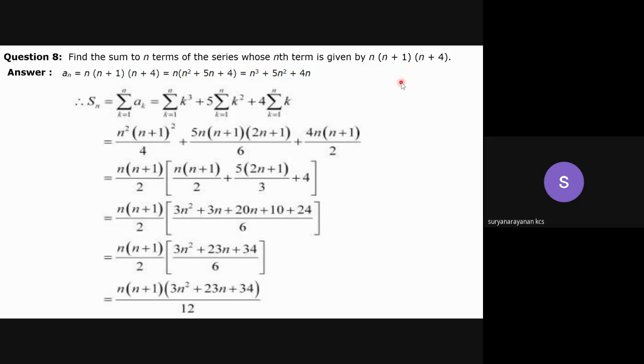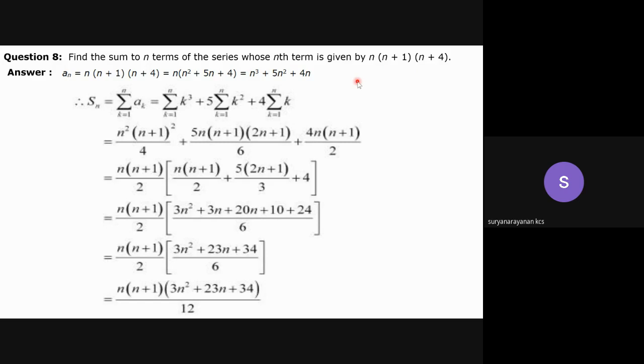In the previous questions, from question number 1 to 7, we have found the nth term of the given series. But here, they have already given the nth term of the given series. Simply, we have to find the sum to n terms of this given series.